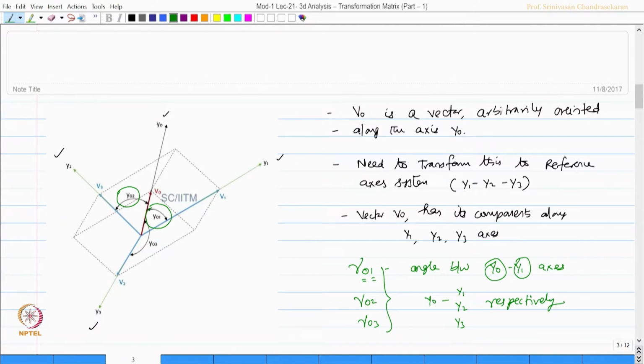Now, the corresponding components along y1, y2, y3 are marked in blue color and they are V1, V2 and V3.